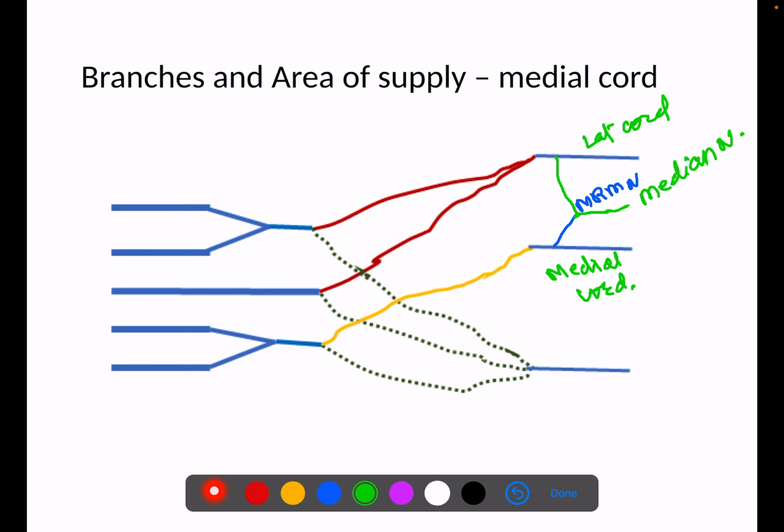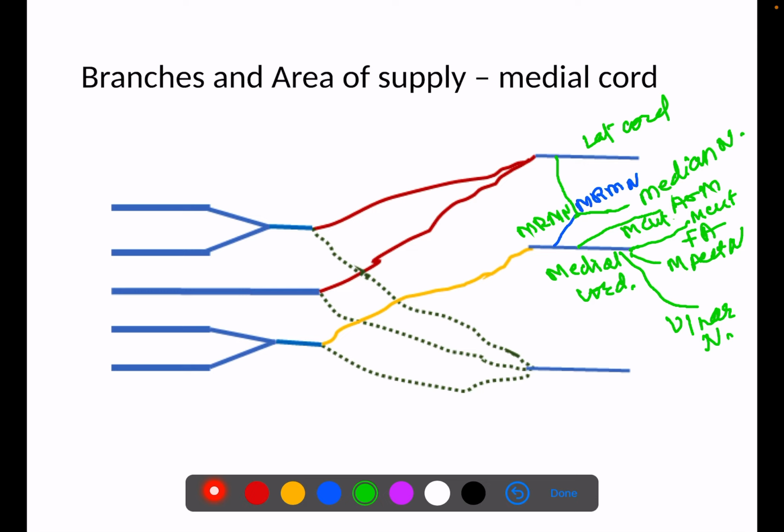Now, other branches from the medial cord are the medial cutaneous nerve of arm, then medial cutaneous nerve of forearm, then the one already seen, medial root of median nerve, and then there is the medial pectoral nerve, and ulnar nerve.